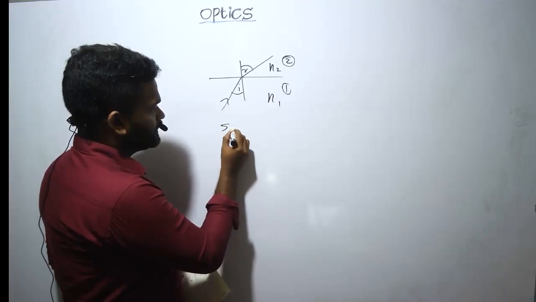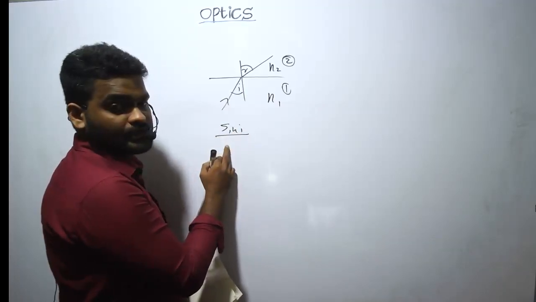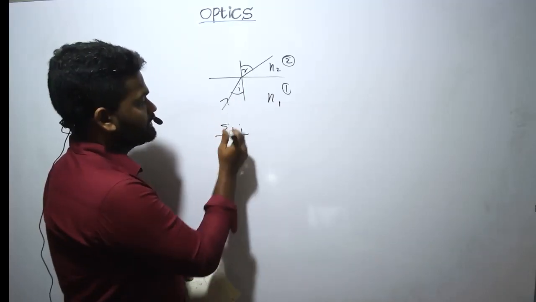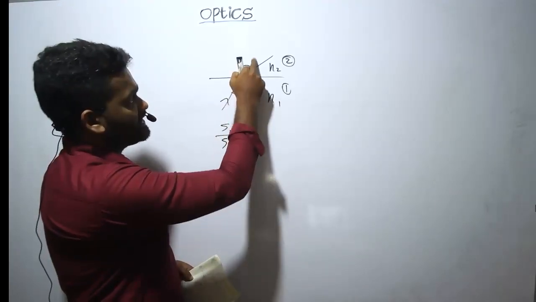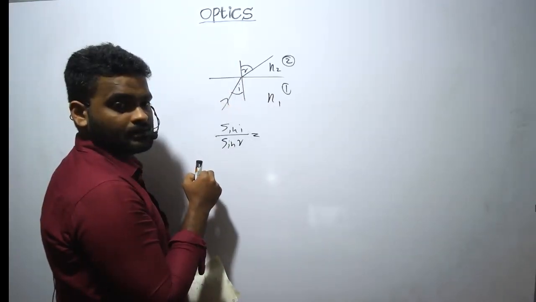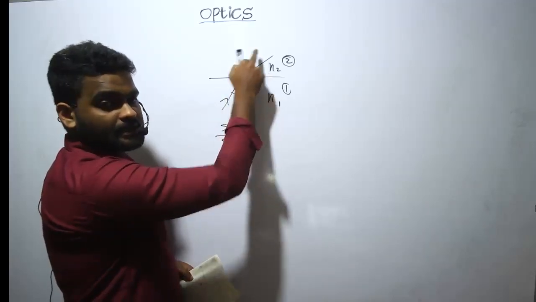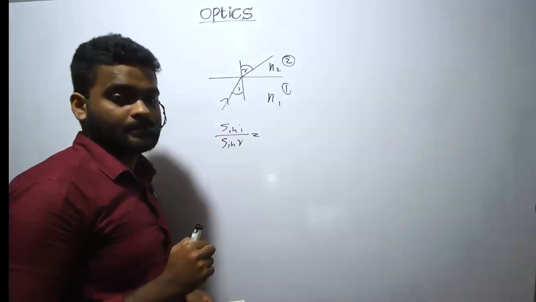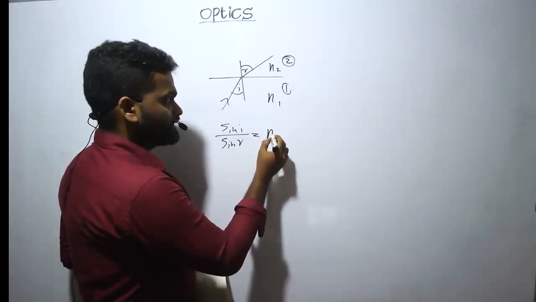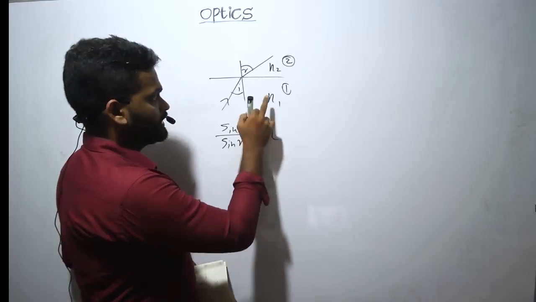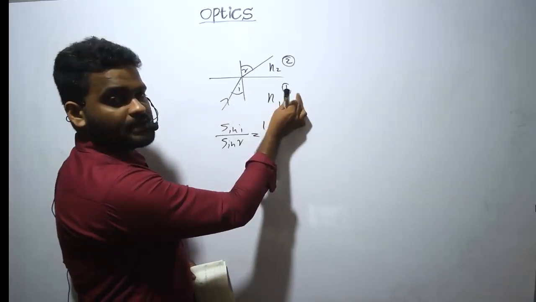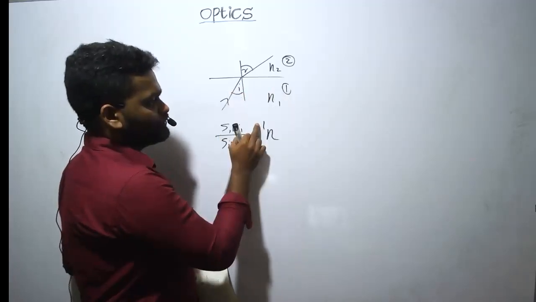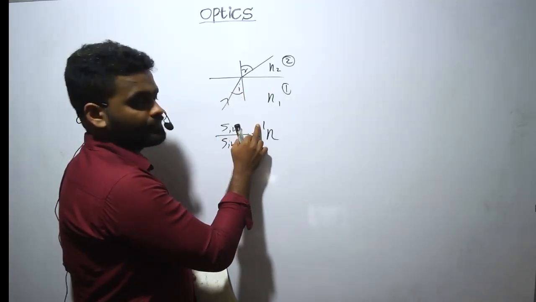So you can write Snell's law here: sin i divided by sin r is equal to what? You can write it like this: because i is here, it goes to the same medium, you write 1.